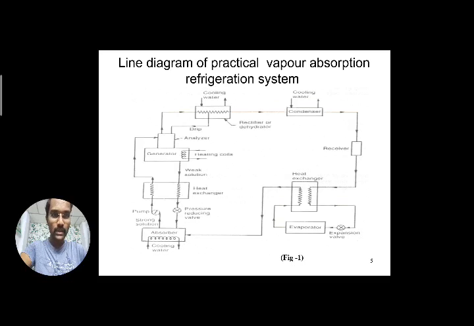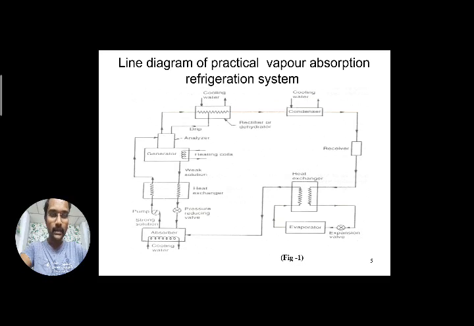In the other circuit, after the evaporator, the other pipeline moves from the evaporator to the absorber component. So there is a heat exchange possibility between the receiver-to-expansion-valve line and the evaporator-to-absorber line. Heat exchange will take place.